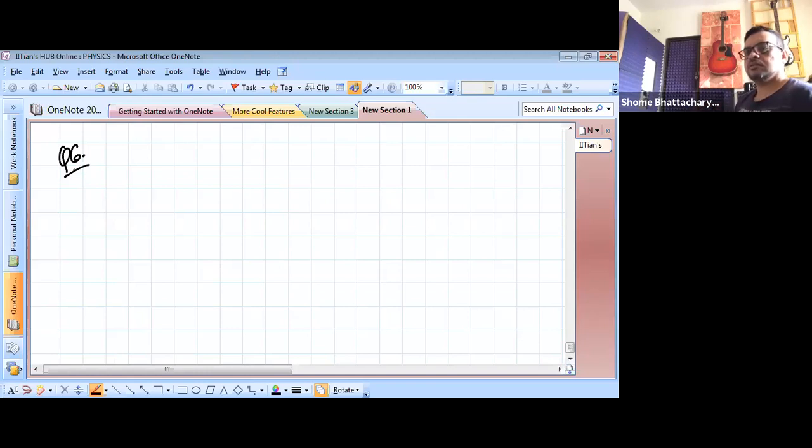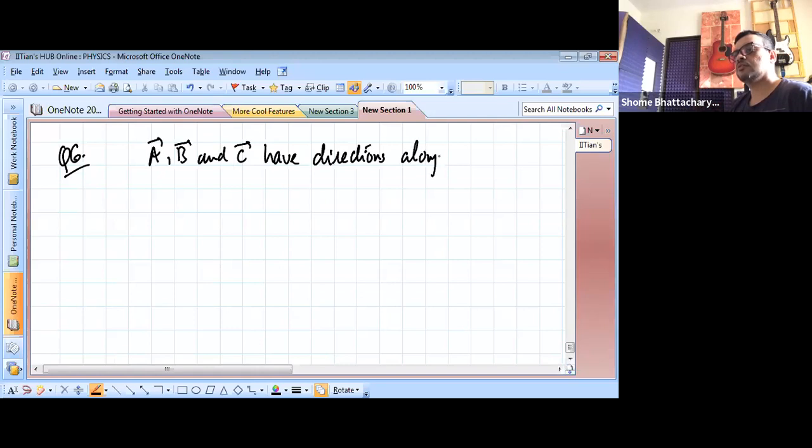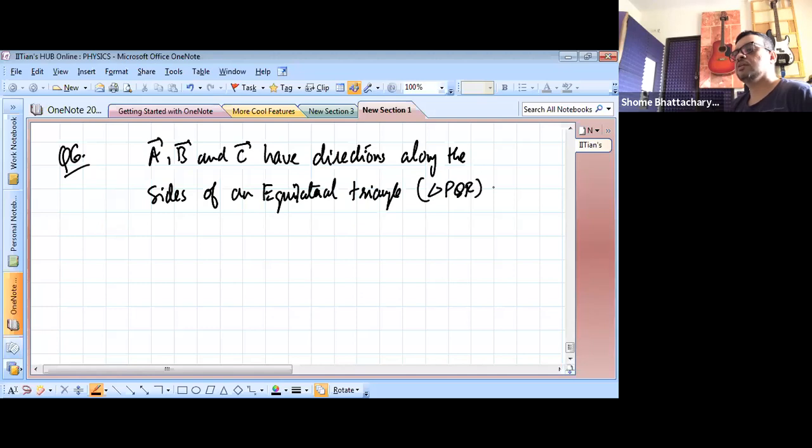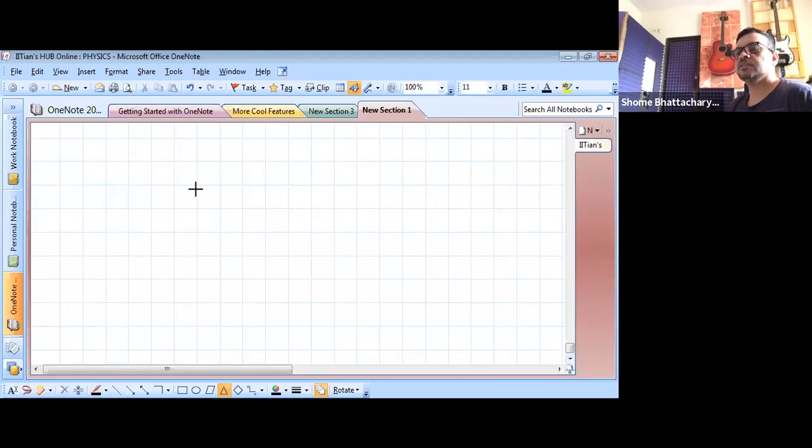So let's say that vectors A, B, and C have directions along the sides of an equilateral triangle, let's say triangle PQR in order, but the magnitudes are 1, 2, and 3.